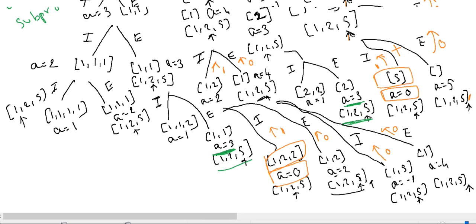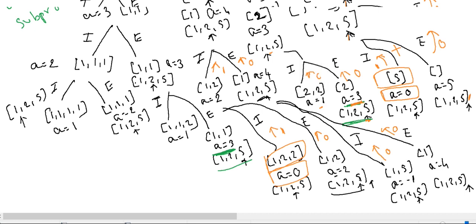Now here, we are pointing to 5, and we cannot make this amount using the coin 5. So this is also going to return 0. And here we are pointing to 2, and we need to make amount 5 using 2 and 5, which is not possible.